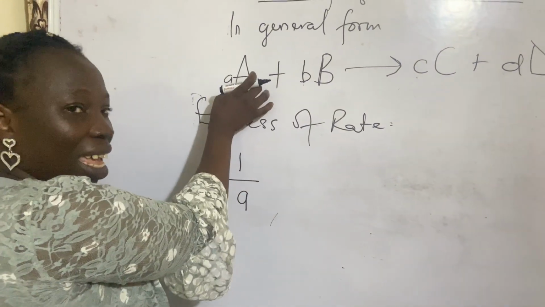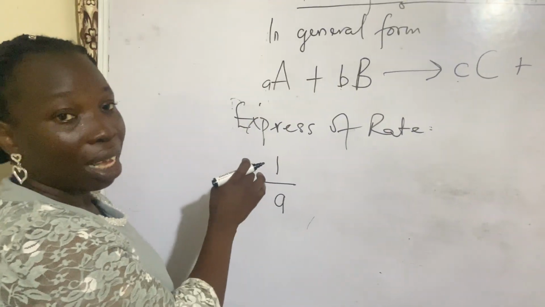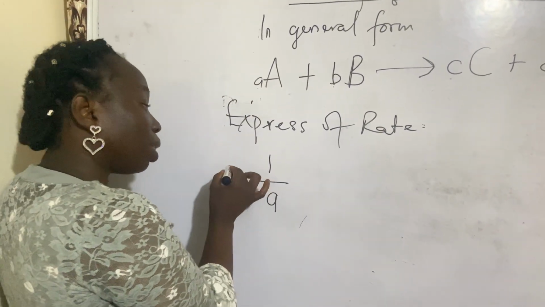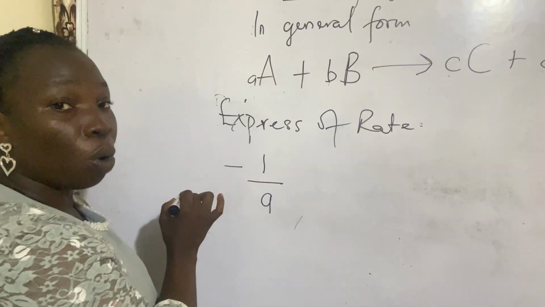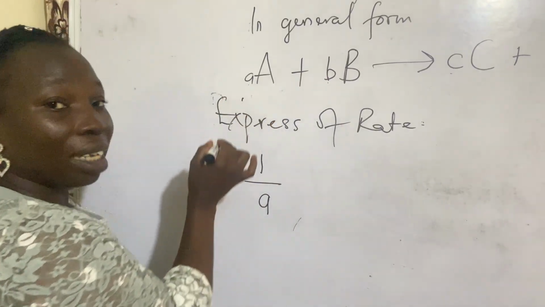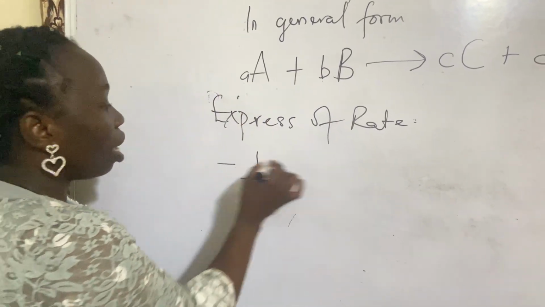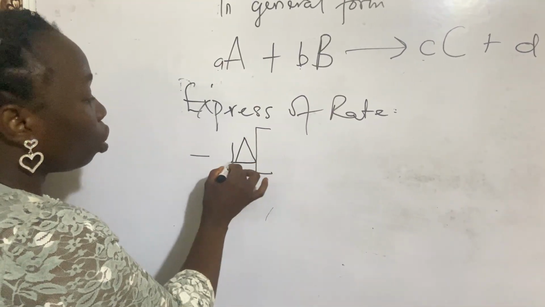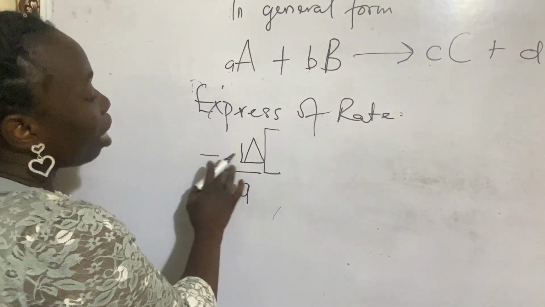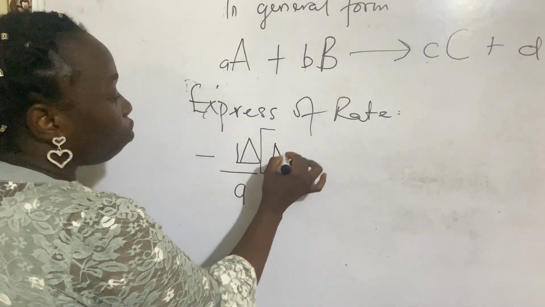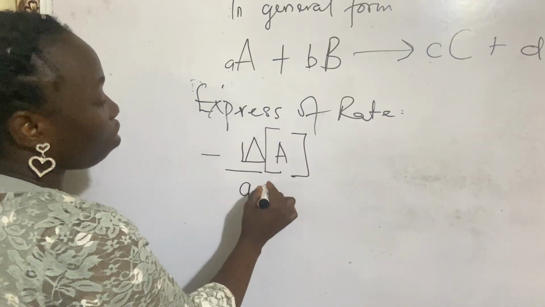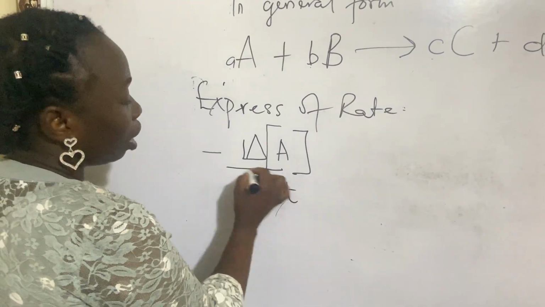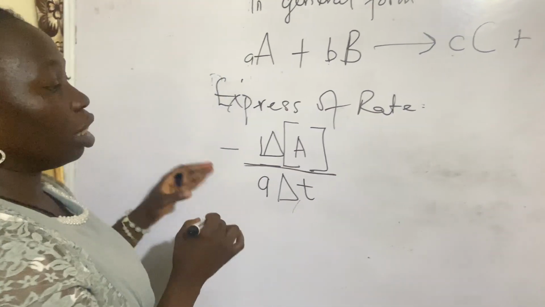Remember that A is a reactant, and because A is a reactant, we will go with minus. Why do we go with minus? Because A is a reactant and A will disappear. Disappearing means it's decreasing in concentration. So minus change in the concentration of A all over the stoichiometry a times change in time. So it will be in this form.